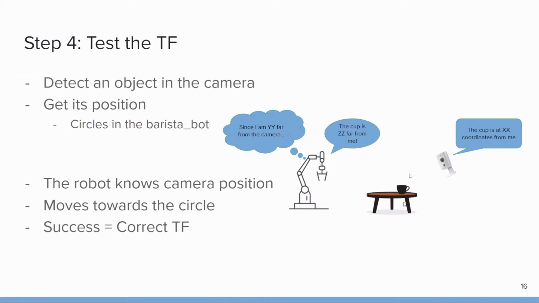I'm going to guess its position, and since the robot already knows how far away it is from the camera, it is going to try to go towards that circle pattern. So the TF is correct if we can successfully go towards the detected circle.